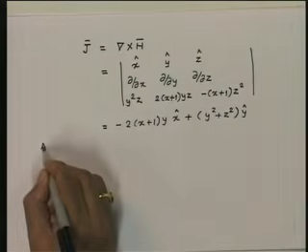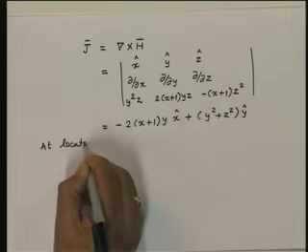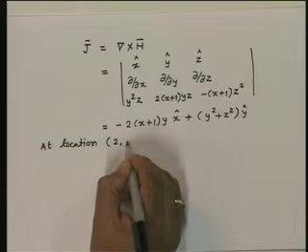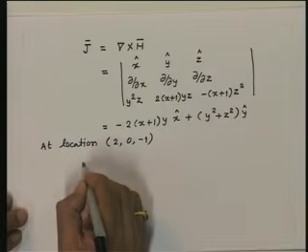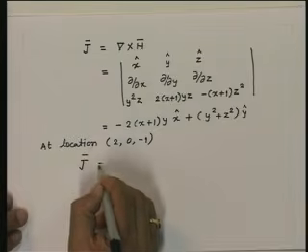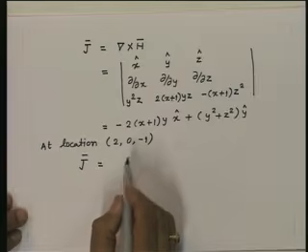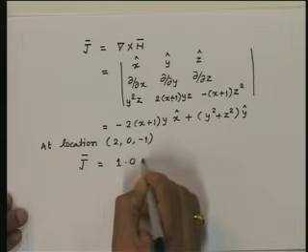So, at location (2, 0, minus 1), if I substitute x equal to 2, y equal to 0 and z equal to minus 1, the conduction current density J will be 1.0 y cap.